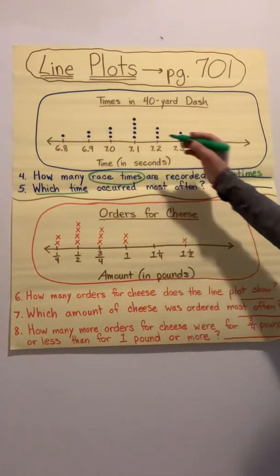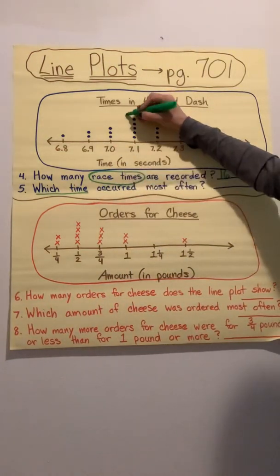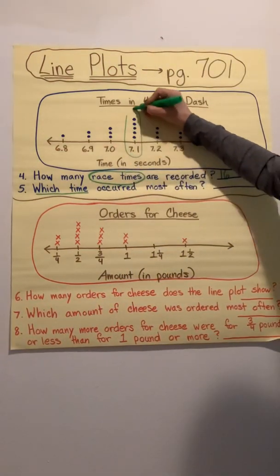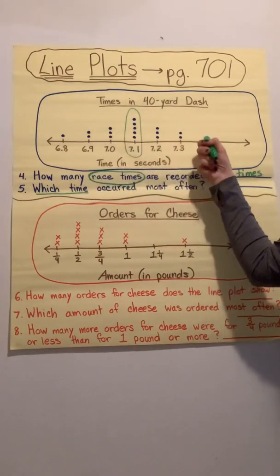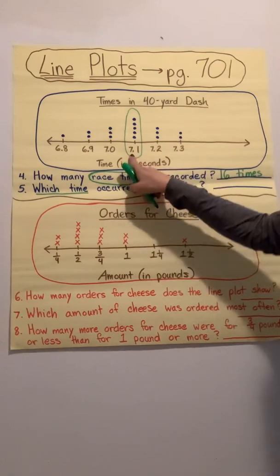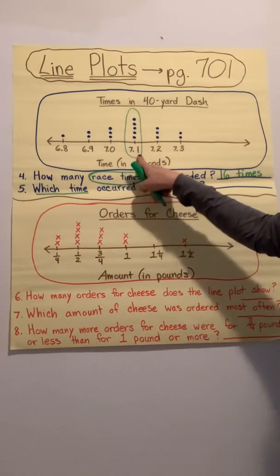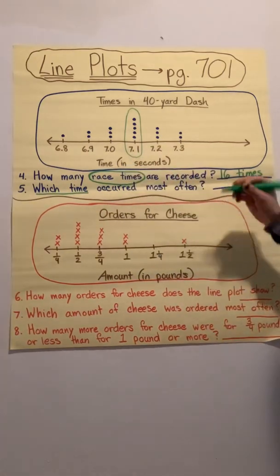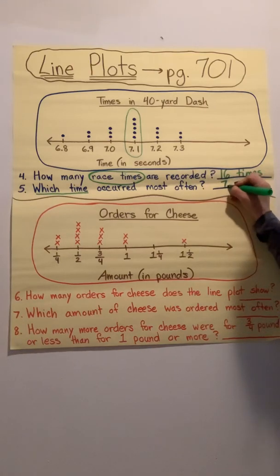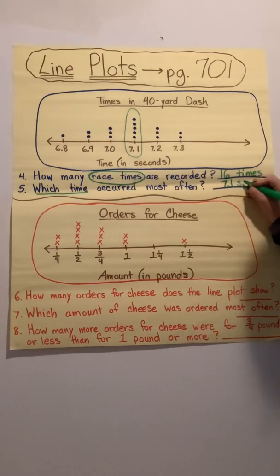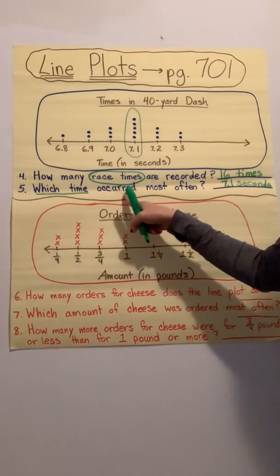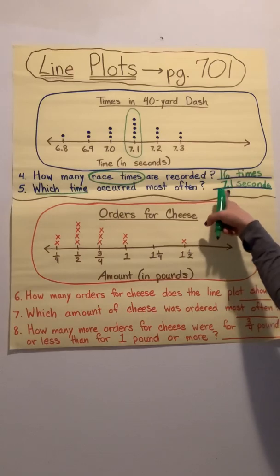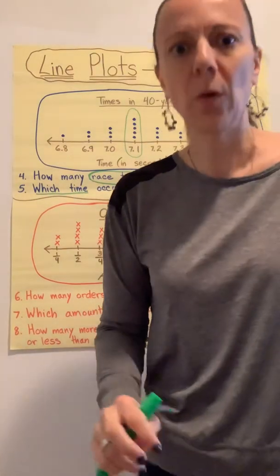Which one has the most dots? Oh, it's definitely this one. This is the tallest column of dots. It's got 5 and nobody else has more than 3. So this is the answer. This is the time that occurred most often. 7.1, and my unit is seconds. So 16 people ran the race. Most of them ran it in 7.1 seconds.